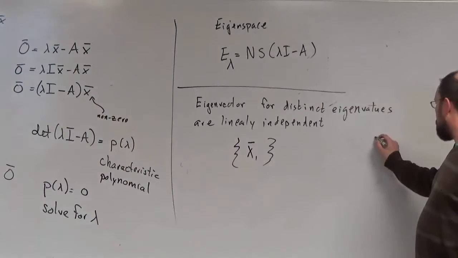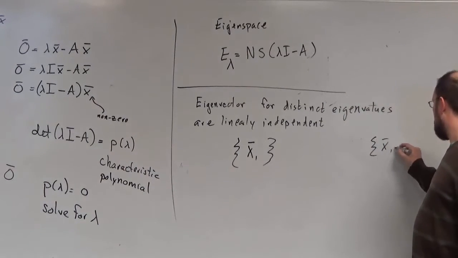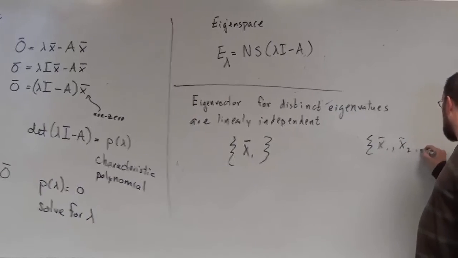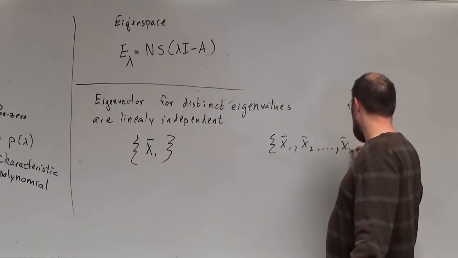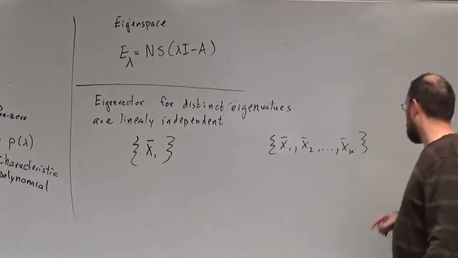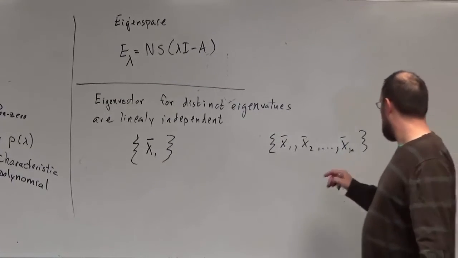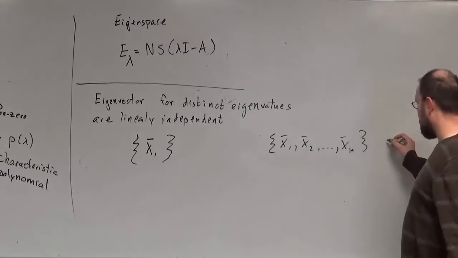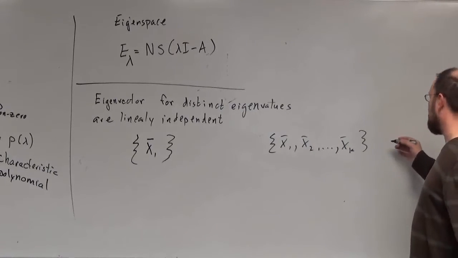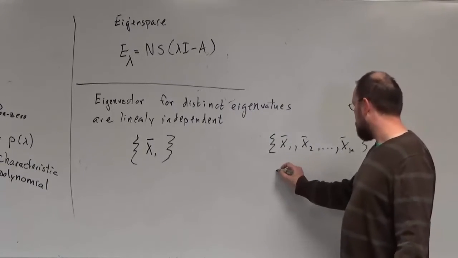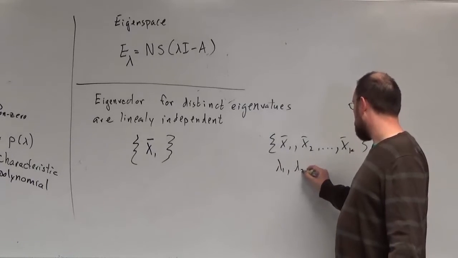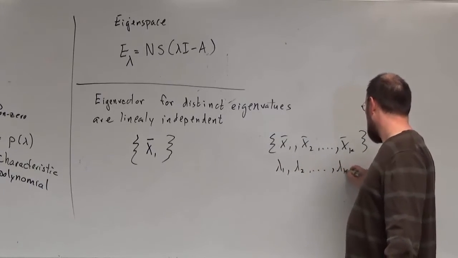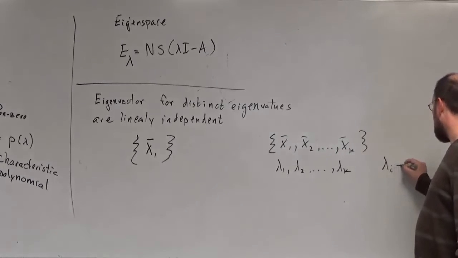So say that we have k linearly independent eigenvectors. Can we show that the k plus 1 eigenvectors, so these are eigenvectors corresponding to distinct eigenvalues, so this is associated to lambda 1, lambda 2, lambda k, and no 2 lambdas are the same.